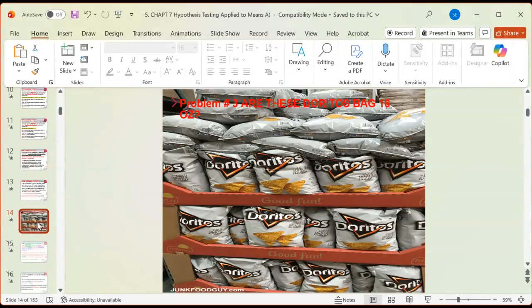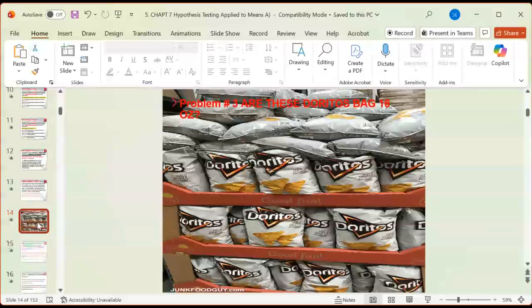Compare that. Let's say it's 14 ounces. The mean for your sample will be 14 ounces, but you're comparing it with what it says, which is 16 ounces. There's a 2 ounce difference. But again, it depends how you state your hypothesis.